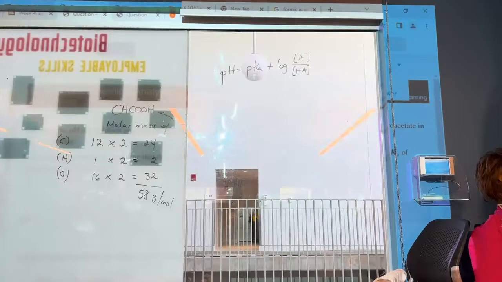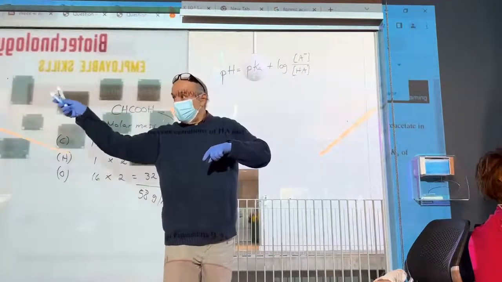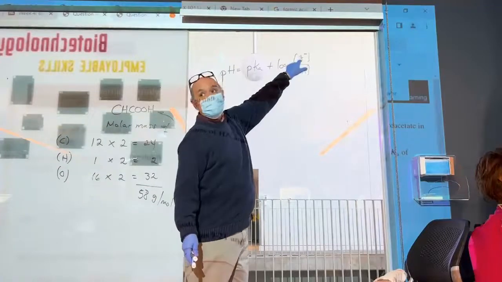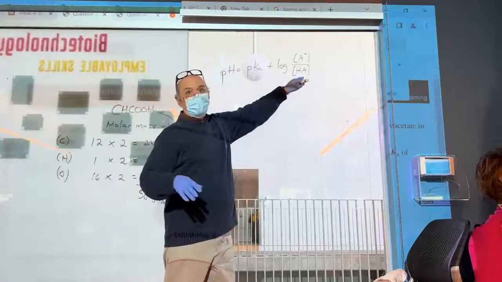And if we had the acid of this base, that would be this substance. What we have in that bottle is this substance, A minus. That's the base of an acid called tris acid.